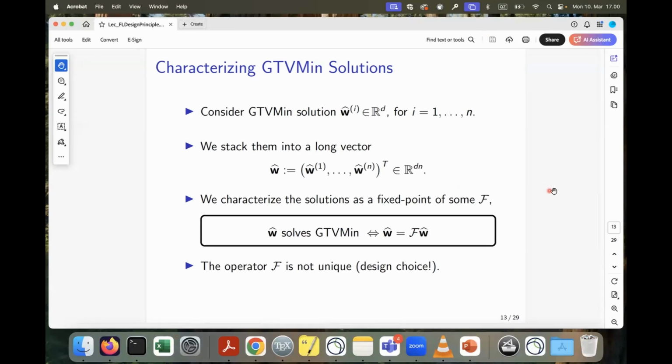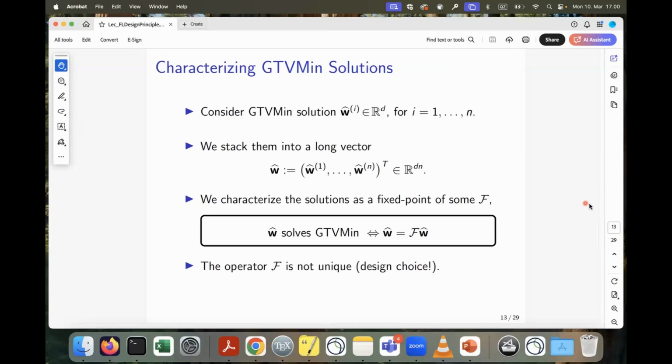What is so nice about translating an optimization problem into a fixed point problem?